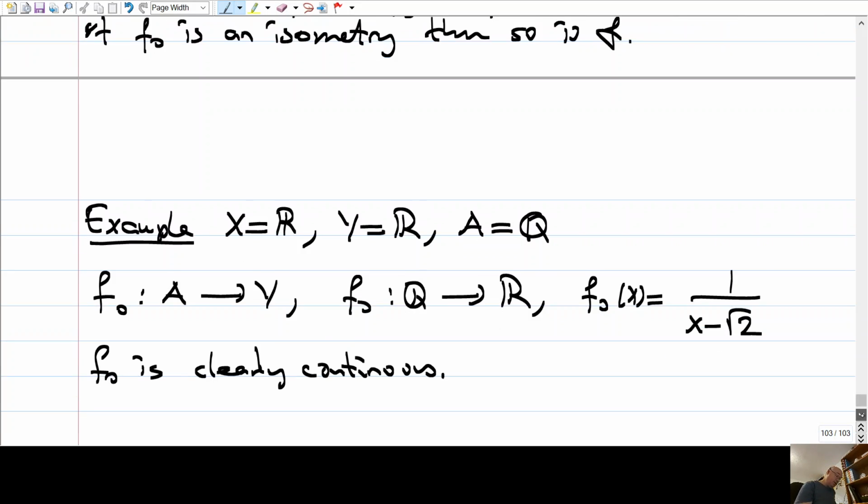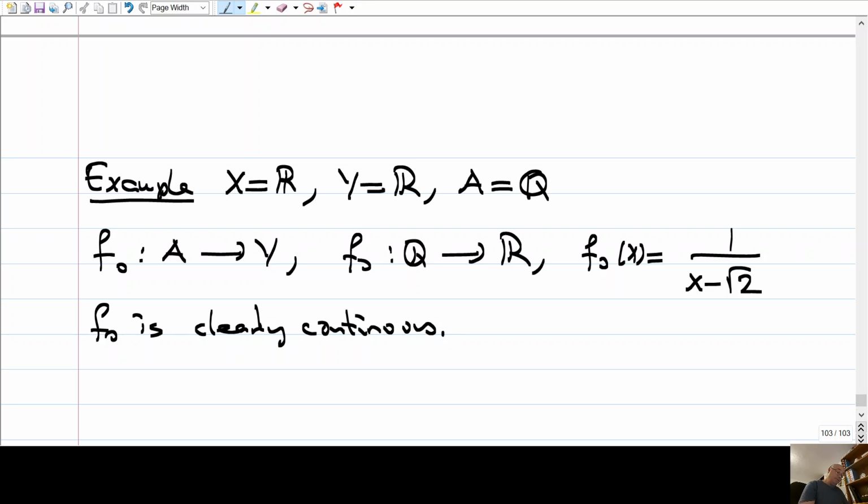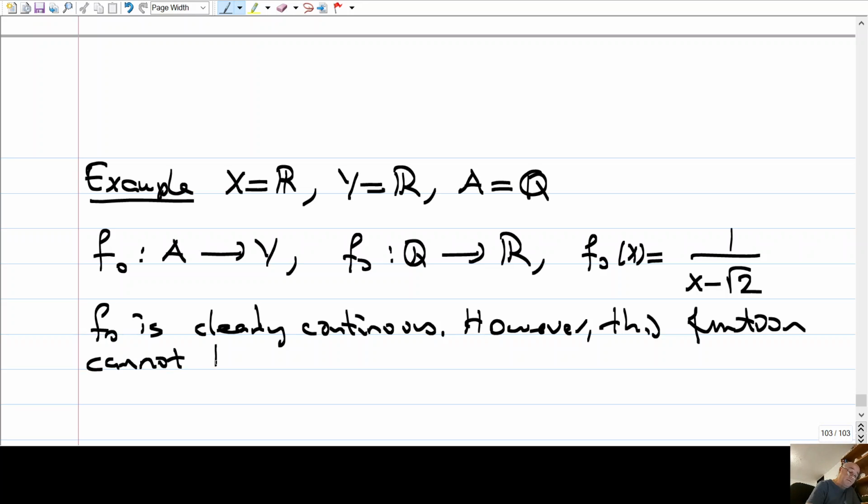So you see, this function cannot be extended to R as a continuous function.